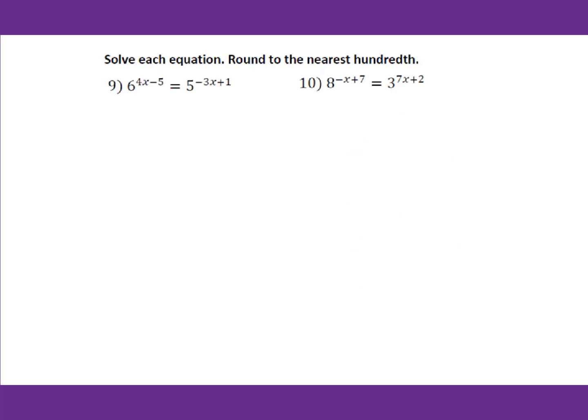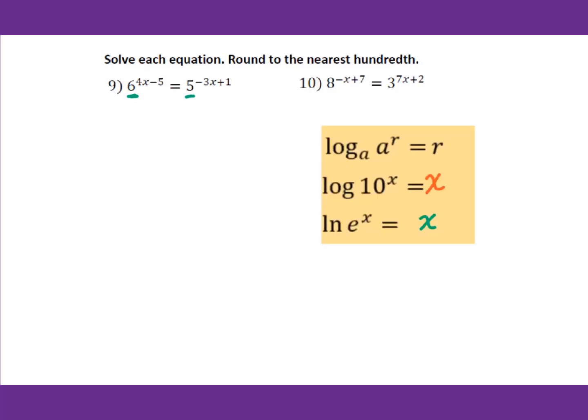Now let's go to number 9. 6 to the 4x minus 5 power equals 5 to the negative 3x plus 1 power. For this kind of question, you can take a log base 6 or base 5. It's really up to you. Normally, I take a log base 6 because it's from the left side.